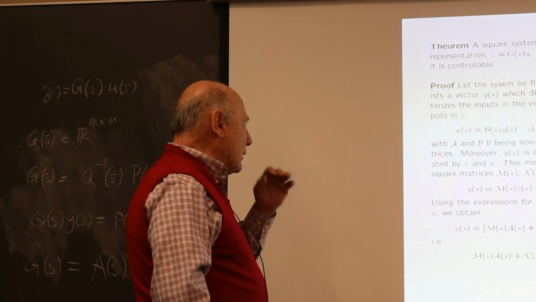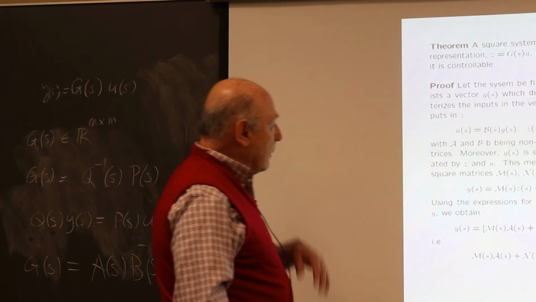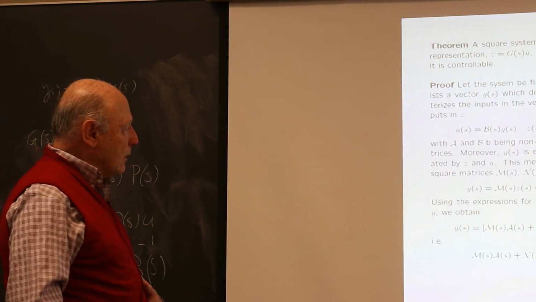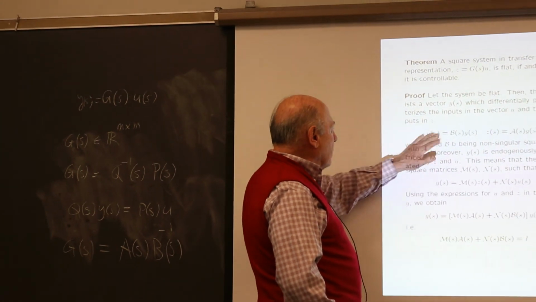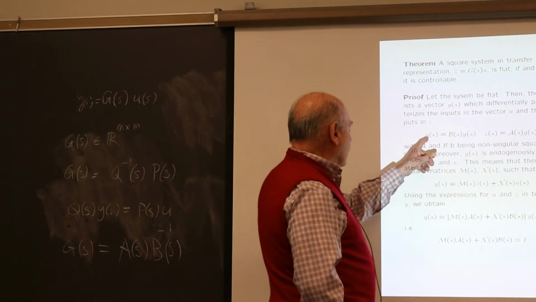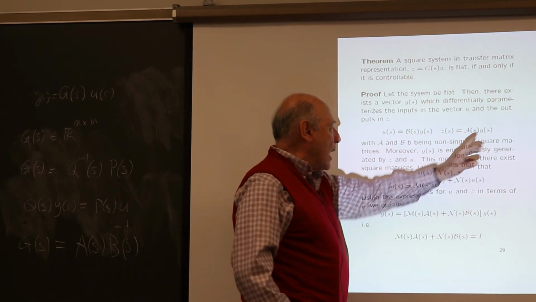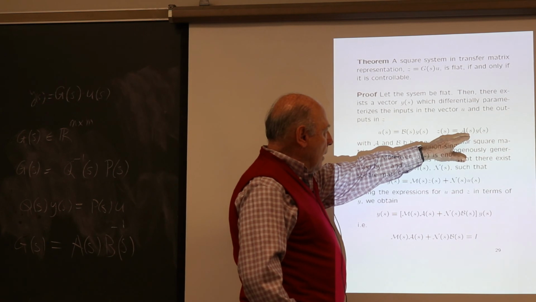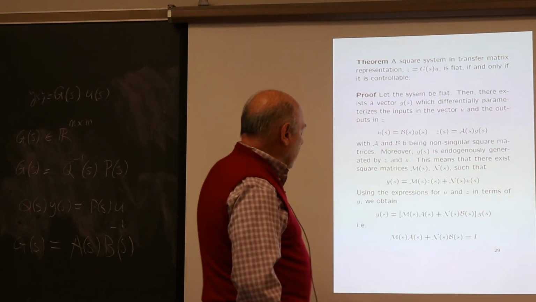So if the system is flat, then you have a vector which is independent. It doesn't satisfy any differential equation in its components. And that vector will differentially parameterize the inputs and the outputs. The inputs are U and the outputs are C, and this independent vector Y will be able to parameterize differentially, by means of a polynomial matrix, the components of the output and the components of the input.